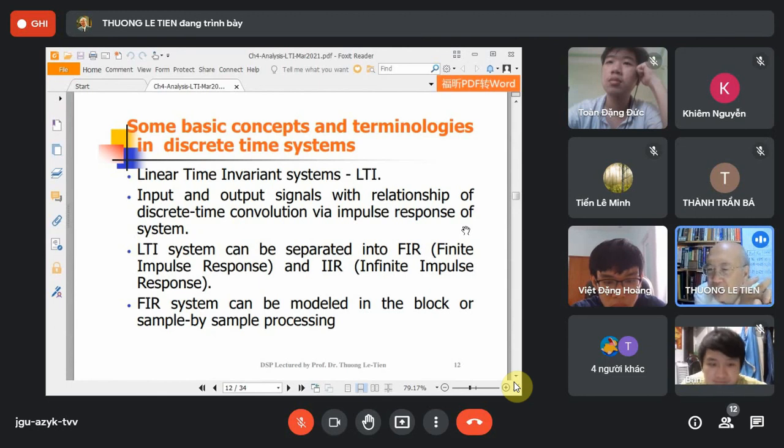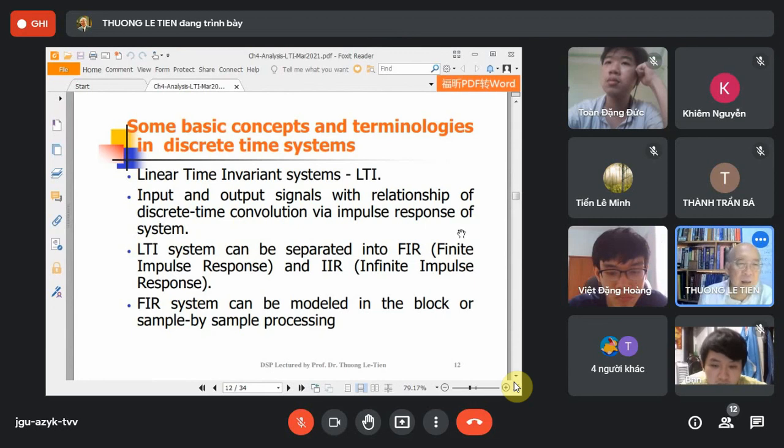But in Vietnamese, we rarely use the passive voice. So we just say bất biến thời gian. Tuyến tính bất biến thời gian. Actually, bất biến theo thời gian. Khi mà thời gian thay đổi thì cái tính chất nó có thay đổi như vậy. Nhưng mà chúng ta tiếng Việt chúng ta ít có dùng cái thể passive, bị nghe nó nặng nề lắm. Chúng ta có thể nói nhanh là tuyến tính bất biến thời gian.